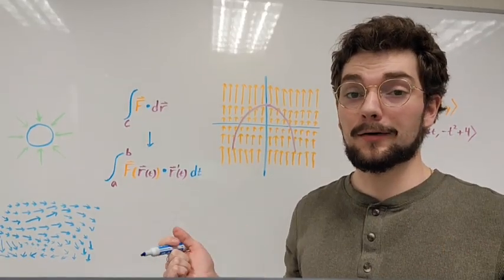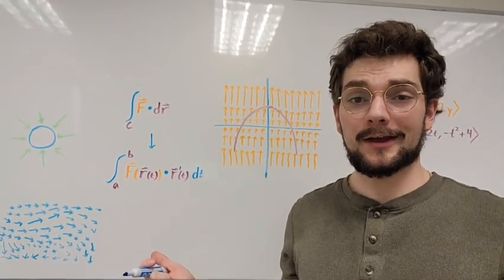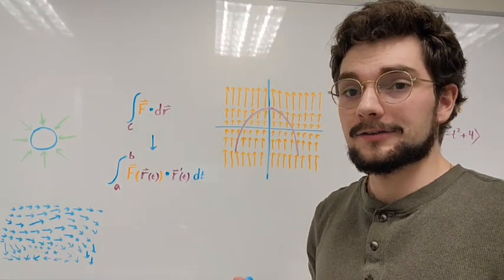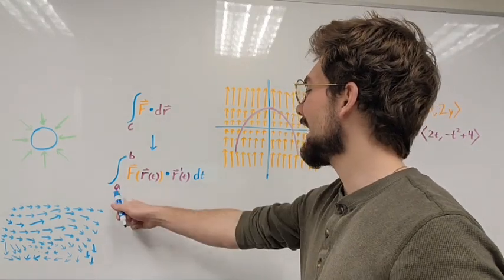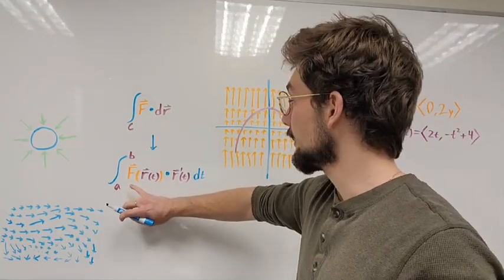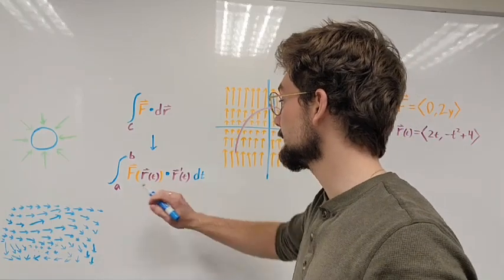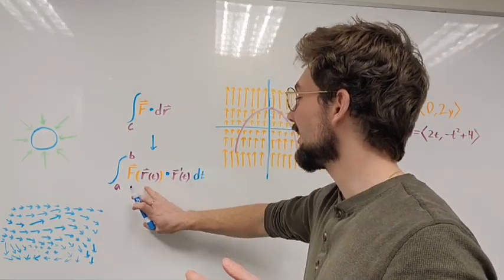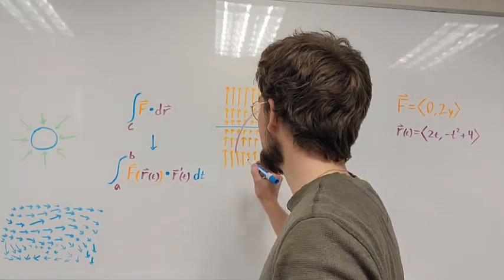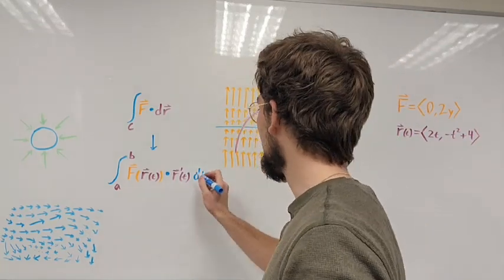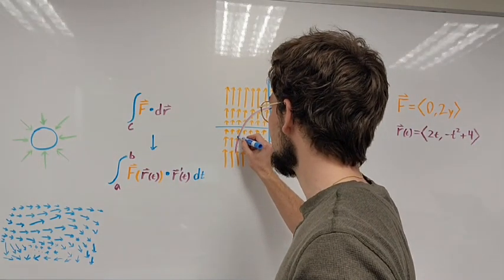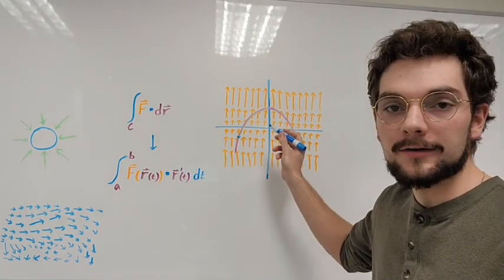So now to calculate the line integral of a curve through a vector field. What actually is this saying? Here we have our vector field f, and we're plugging in r of t. What this gives us is the vector at point t, we'll say here, on our line r.